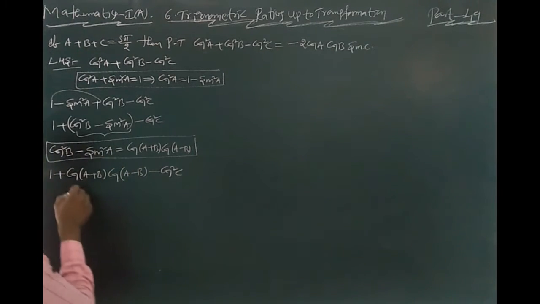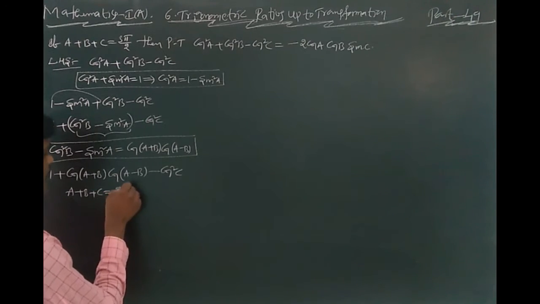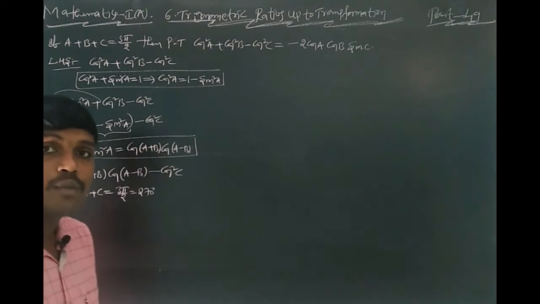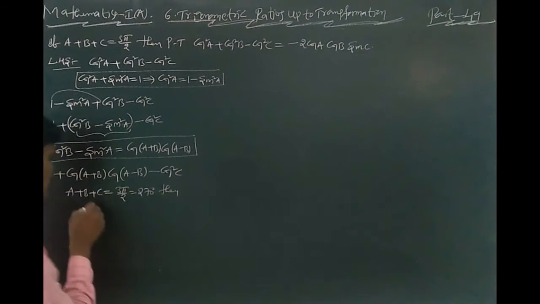You know that A plus B plus C is equal to 3 pi by 2, nothing but 270 degrees. Then A plus B equal to what?